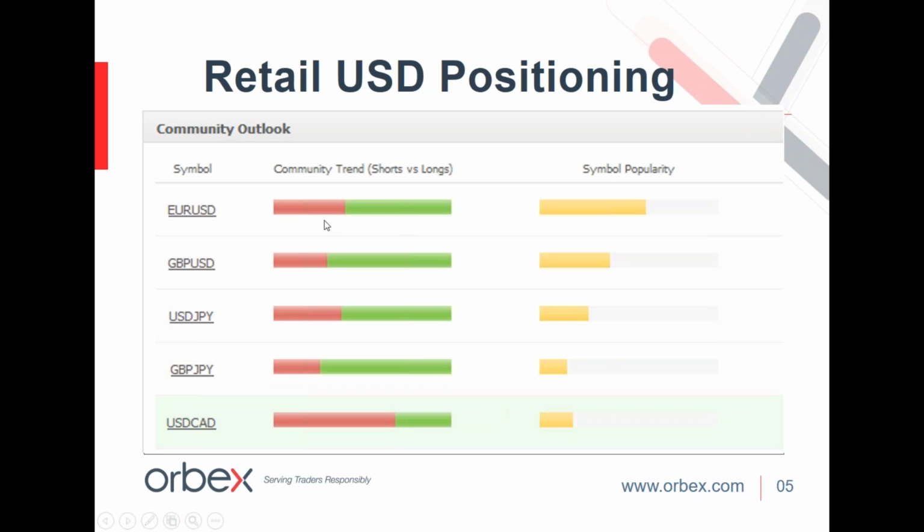So traders are predominantly short the dollar against the euro, short the dollar against the pound, short the dollar against the Canadian dollar. Obviously we'll discard sterling yen, but then looking at the dollar yen, you can see that traders are predominantly long, although I suspect that this is more of a short JPY play on the back of yesterday's Bank of Japan meeting.